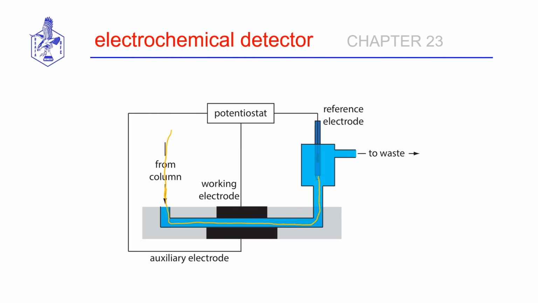Here's our reference electrode, our potentiostat, our working electrode. So we can actually measure potential of the solution coming off the end of the column and onto waste. So we can exploit those methods of analysis as a means of detection.